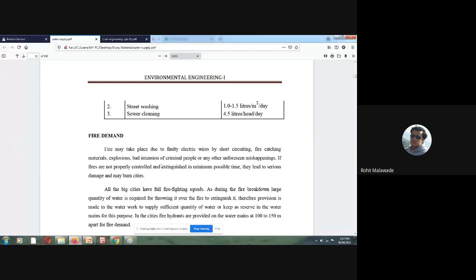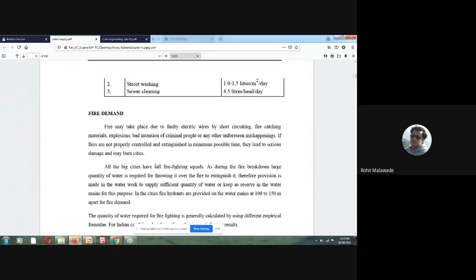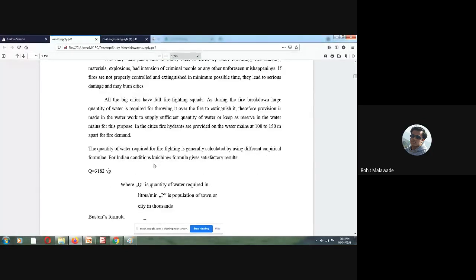And if the fire is a strong fire, then we require around 3 to 5 hours of water to be circulated for such fire outbreaks. So we require a huge quantity of water when we want to fight such fire accidents.